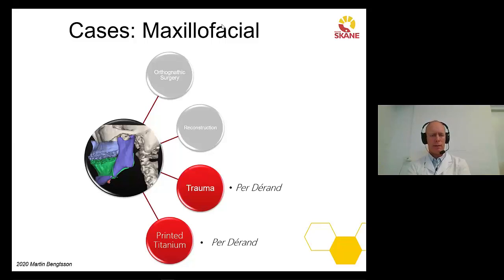Interesting. There was also a question from Petter and Mini. How do muscles reattach to the reconstructed jaw? Thank you. That's a good question. Of course, we try to have the periosteum. That's the tissue that helps growing bone. We try to save that, and the periosteum is connected to the muscle.